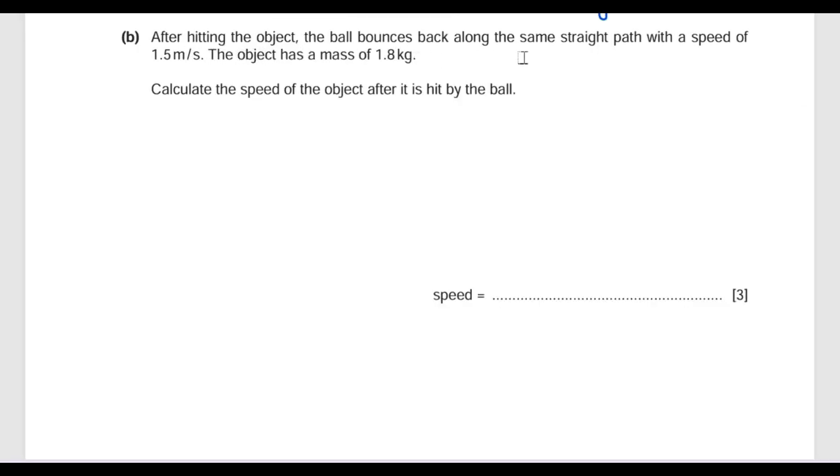After hitting the object, the ball bounces back along the same straight path with a speed of 1.5 meter per second. The object has a mass of 1.8 kilogram. We have to calculate the speed of the object after the ball hits it. Okay, so let us consider the scenario again.